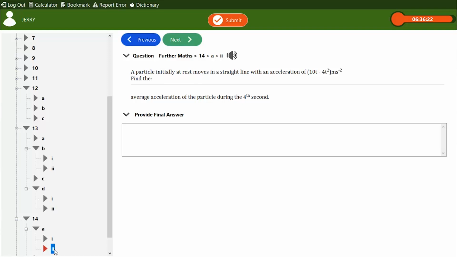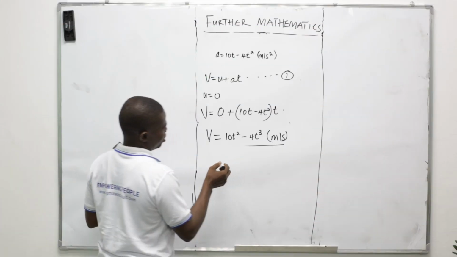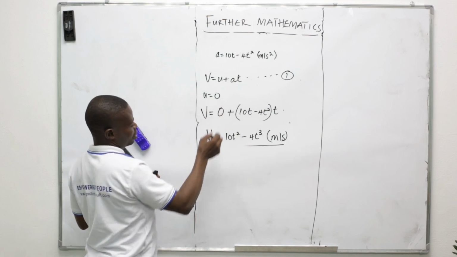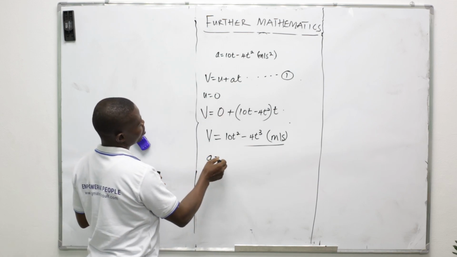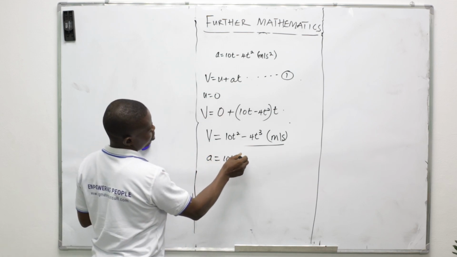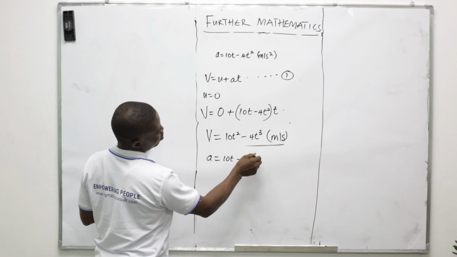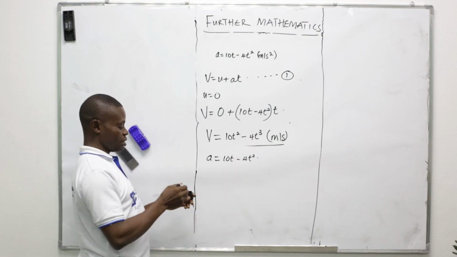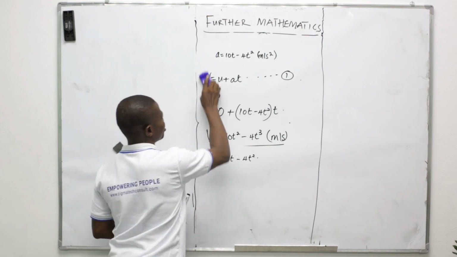If the question is 5th, before 5th, there exists what? 4th. Now, we are dealing with just the 4th second. The average acceleration of the particle. Just average. Okay. Recall that A equals 10t minus 4t squared, which is the acceleration of this particle.